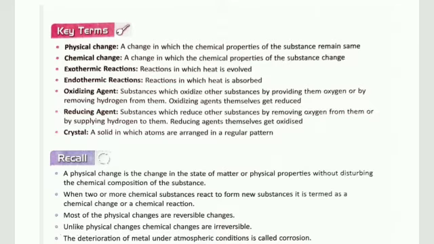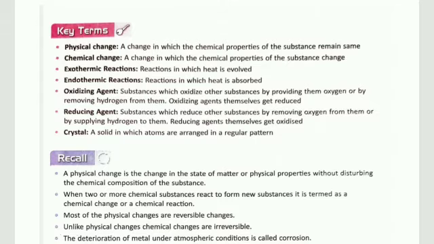Exothermic: reaction in which heat is evolved, means released. Endothermic: reactions in which heat is absorbed. Oxidizing agent: substance which oxidizes other substances by providing them oxygen or removing hydrogen from them, and oxidizing agents themselves get reduced.